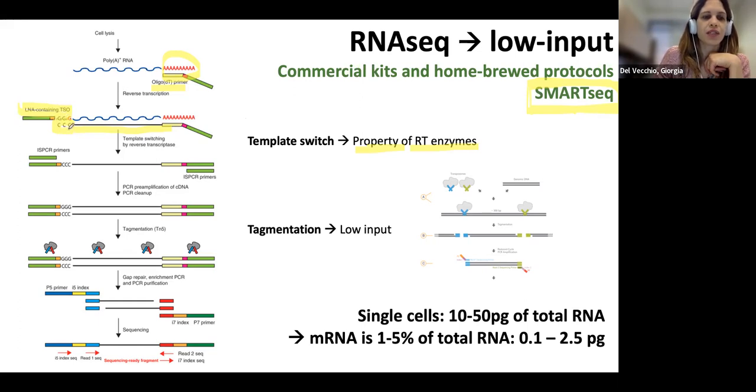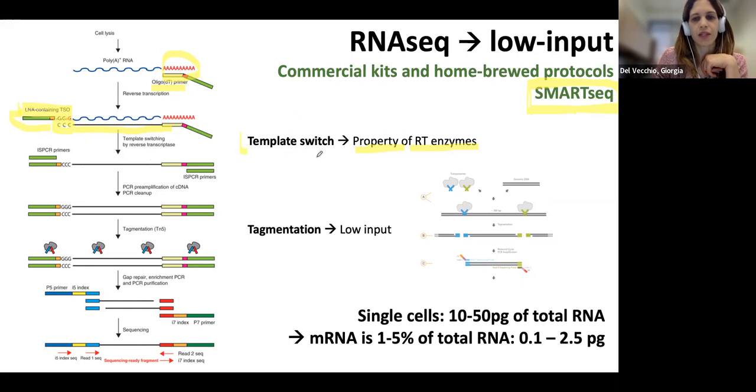So thanks to this pairing here, the RT enzyme is able to template switch. It means that now it's switching template. So if during the first strand synthesis, the enzyme was using the RNA as template to synthesize the first strand cDNA, now it will use the first strand DNA to synthesize the second strand.